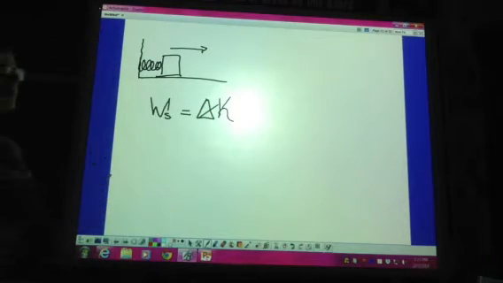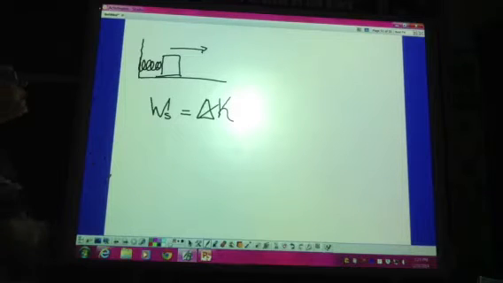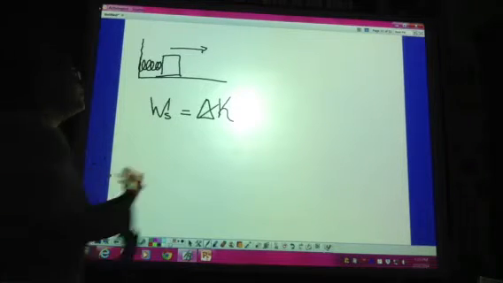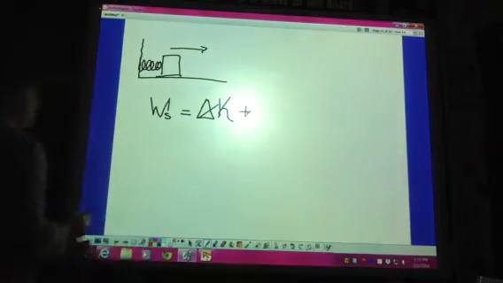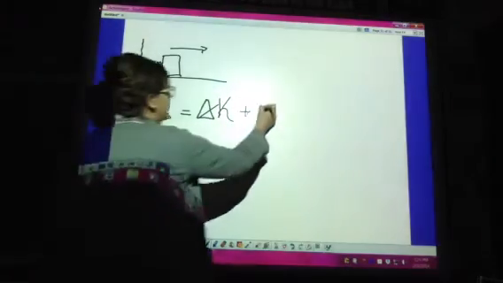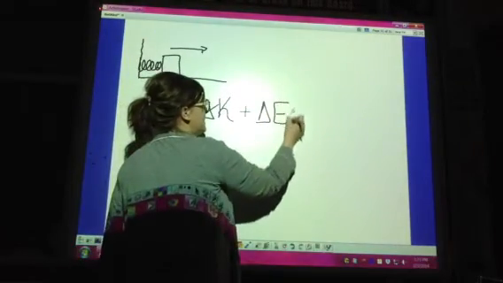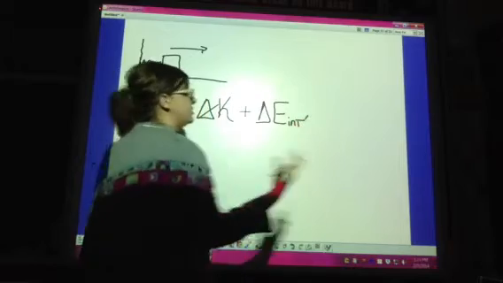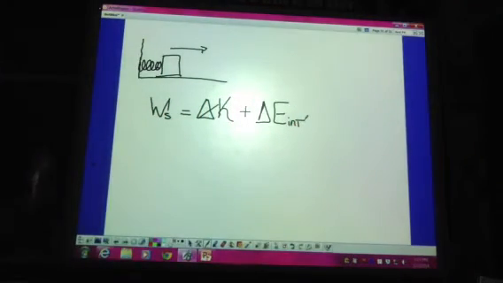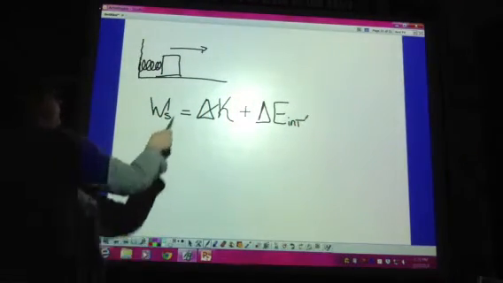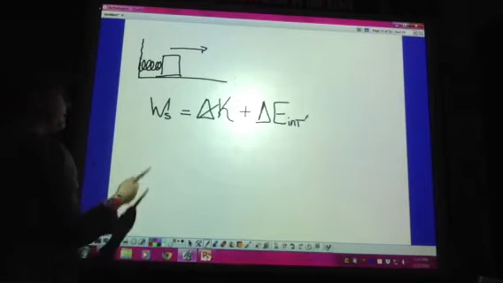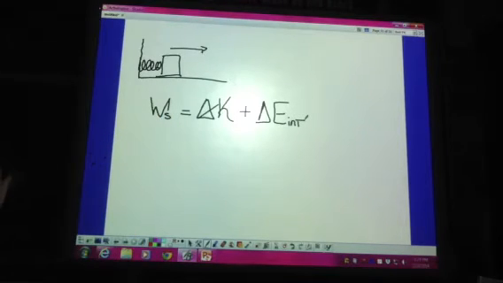That's based on the work-kinetic energy theorem. But I also have to include friction now. So I'm going to add here my change in E_int, remember, which is that change in internal energy, aka friction.